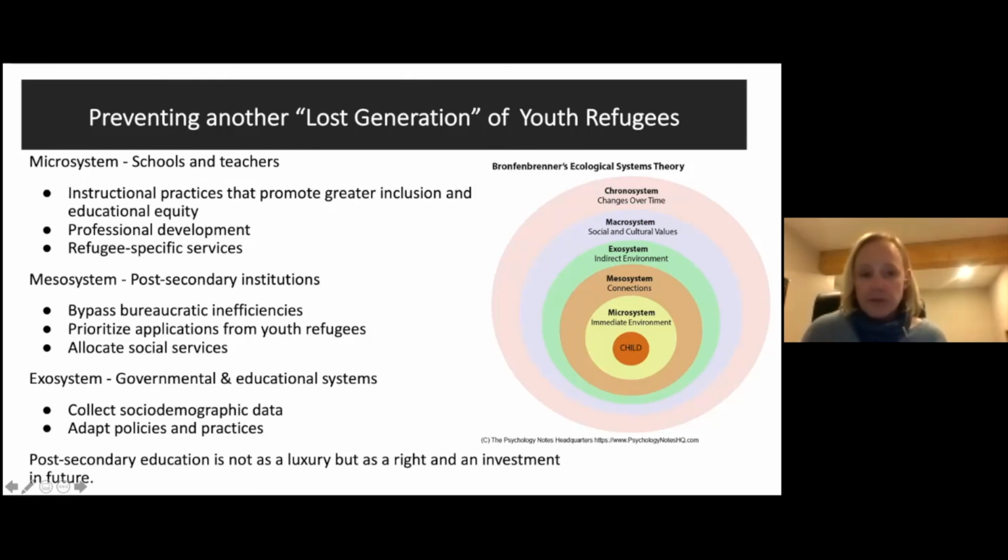At the exosystem level, we're looking at governmental and educational systems and their policies and practices. And those policies and practices have a pivotal role to play as well, in regards to collecting that socio-demographic data needed to get a full picture of how youth refugees are faring and what services are needed to better support them.